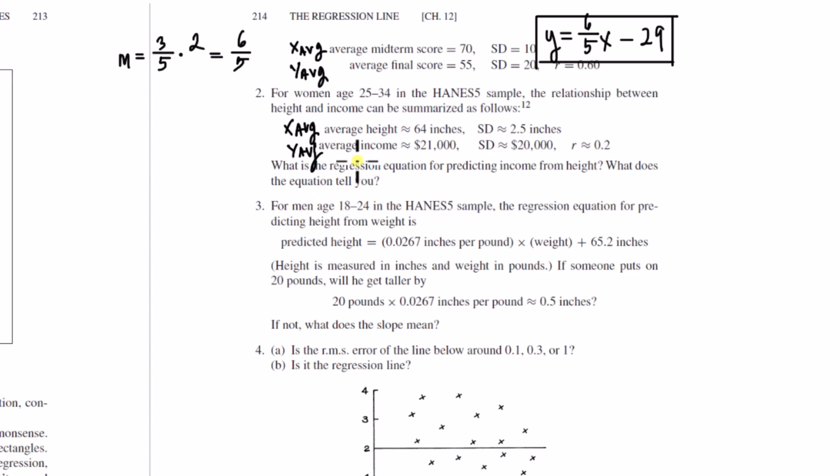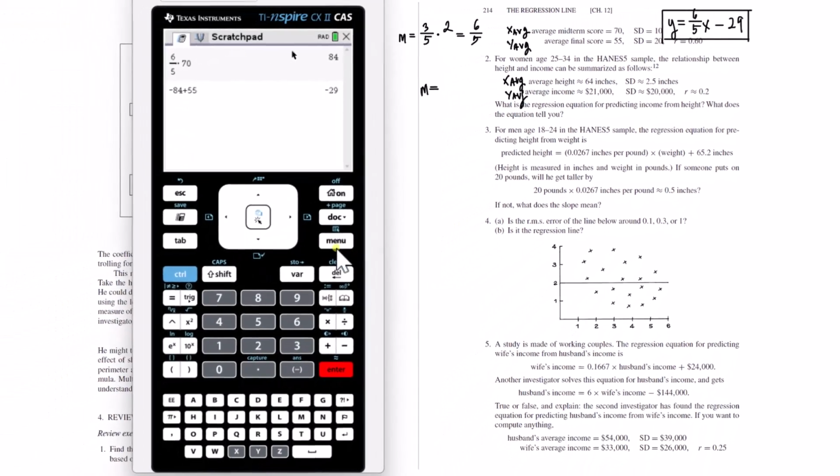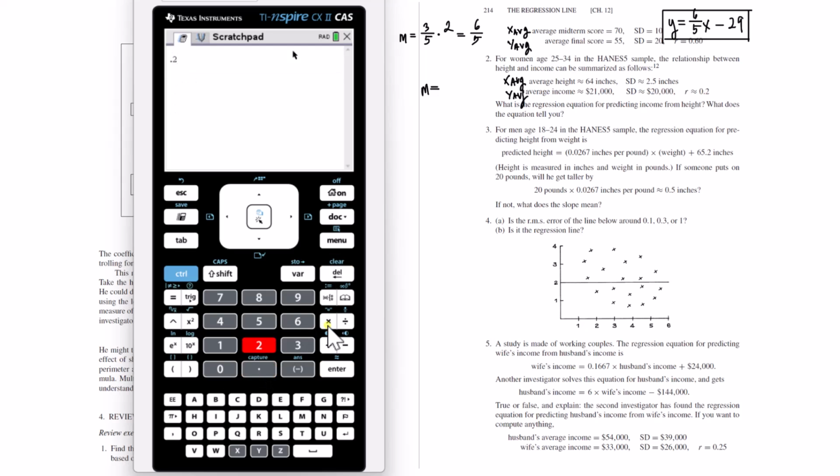Okay, now let's see. The slope is going to be, you do the r sigma y over sigma x. So let me do the calculator here. R times sigma y, 20,000, over sigma x.